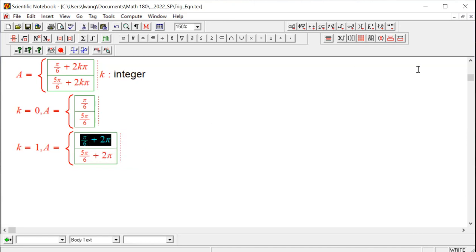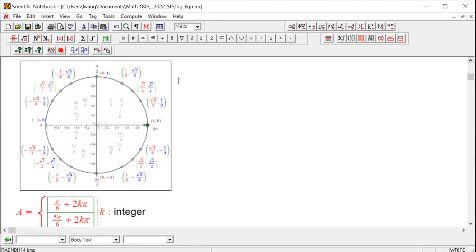If you measure the angle starting from the standard position, pi over 6 plus 2 pi, you come around, you terminate at the same terminal. And 5 pi over 6, the same: you measure 5 pi over 6 and plus 2 pi, you go around. You can keep going. So that's how all these solutions are covered.